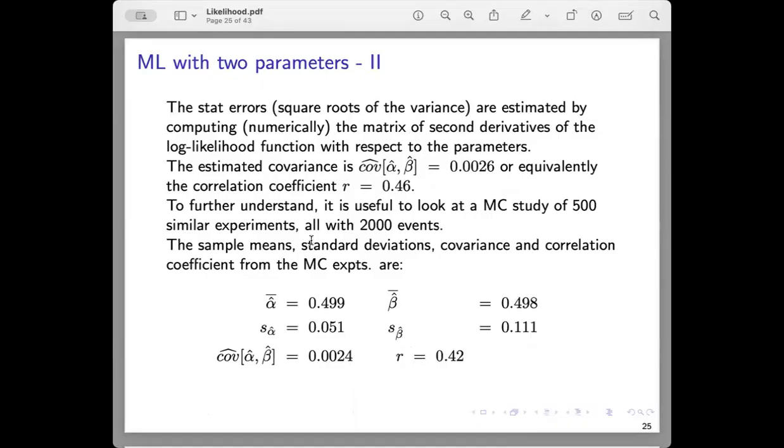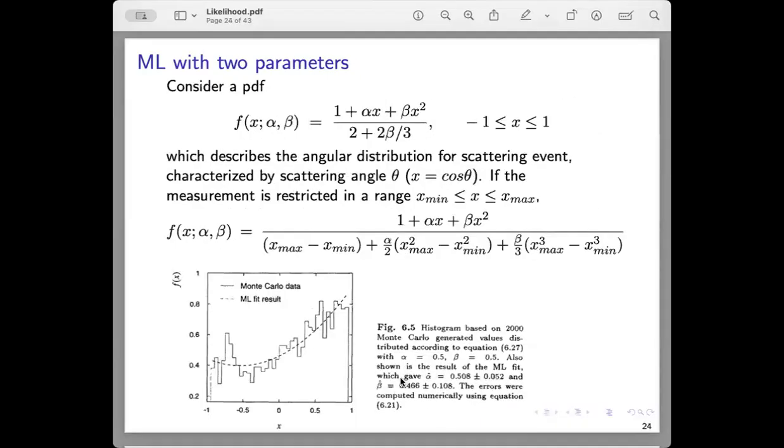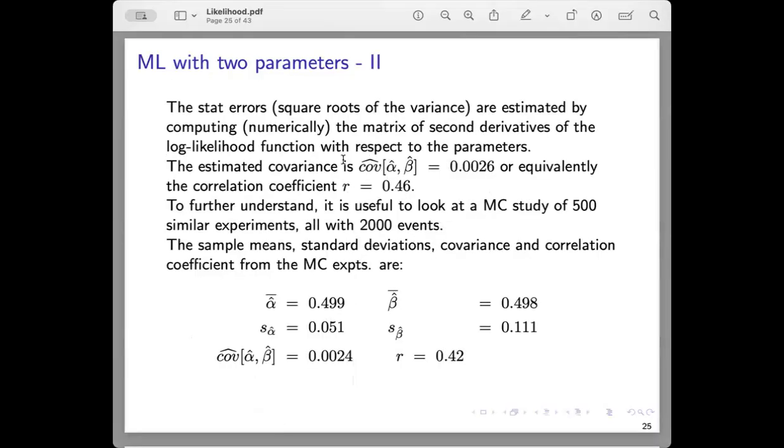As in the previous case, you can see the obtained errors here, 0.52 and 0.1, and the estimated covariance is around 0.0026. Okay, or the corresponding correlation coefficient, which is given here.